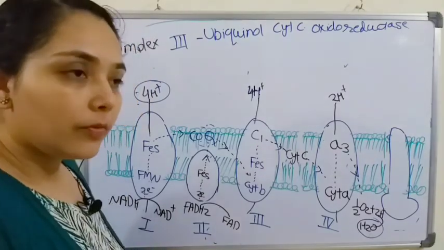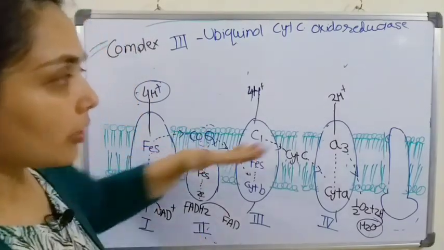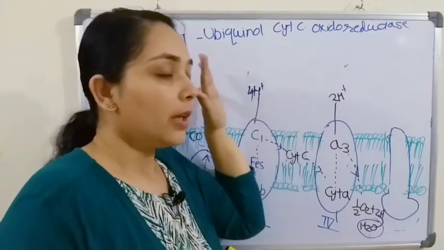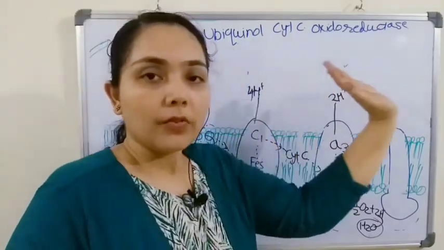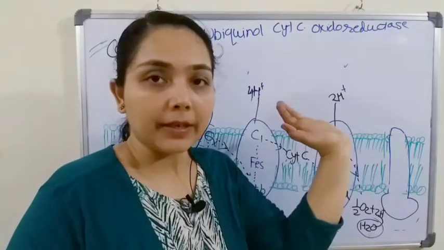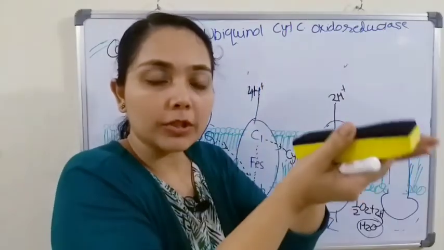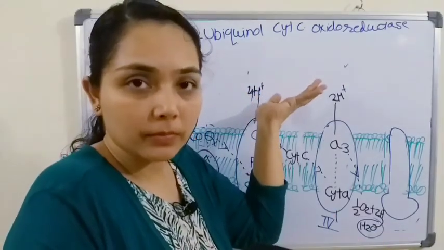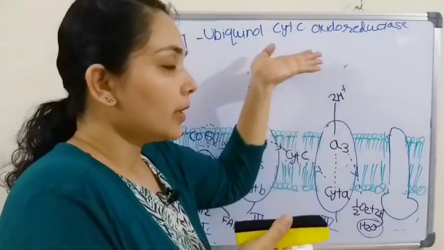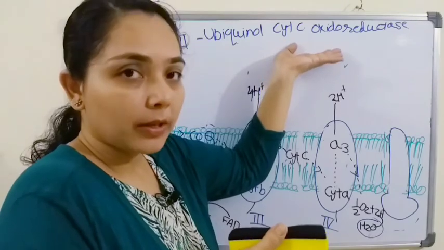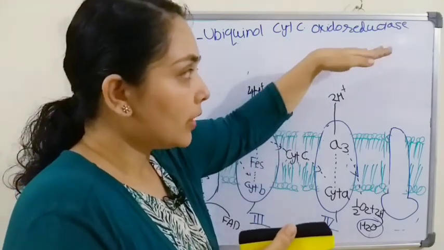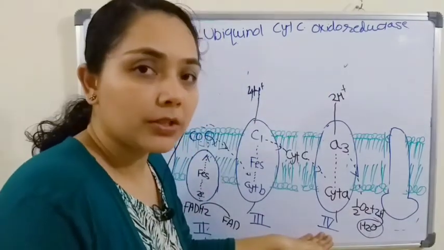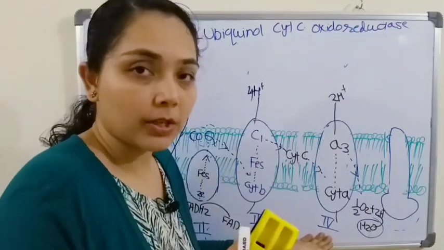Now what will happen with these protons? Lots of protons will accumulate here, so we will have an electrochemical gradient because lots of positive charge will accumulate in the intermembrane space. Here we will have a high concentration of hydrogen ions, and in the matrix region a low concentration of hydrogen ions.